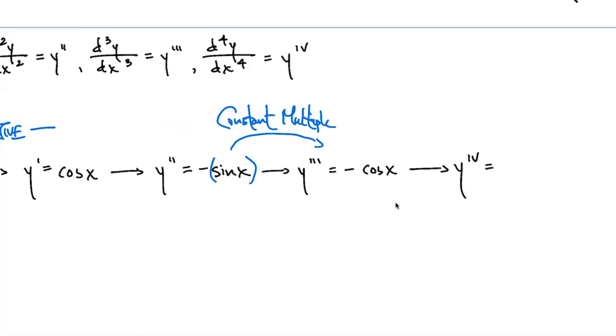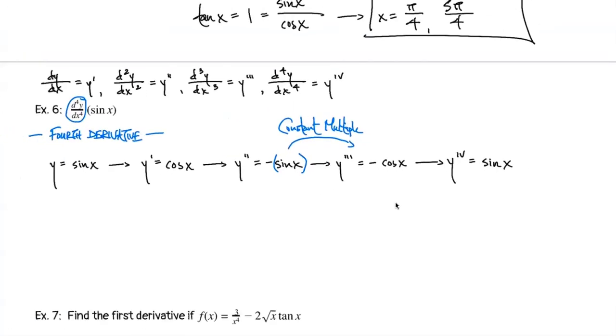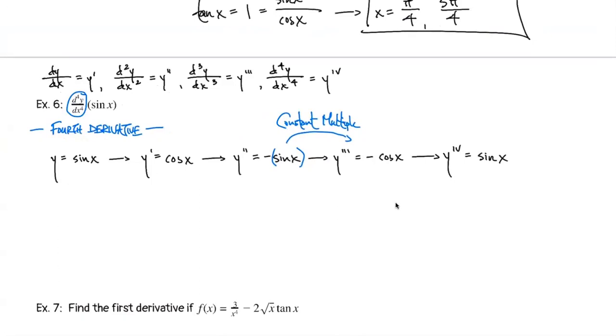Ooh, nice. Yeah, we end up, well, shoot, we end up where we started. We started with sine x, we took 4 derivatives, and it turns out that the fourth derivative is actually the same as our original.